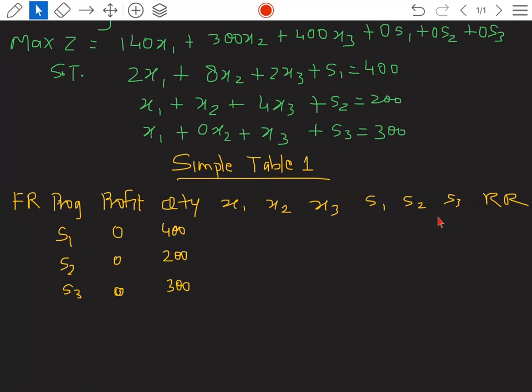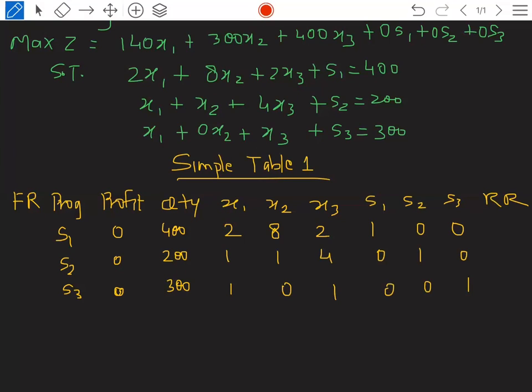These numbers can be filled up as coefficients from my constraints. So we write here 2, 8, 2, 1, 0, 0. Same way for the second one: 1, 1, 4, 0, 1, 0. And the last one is 1, 0, 1, 0, 0, 1.